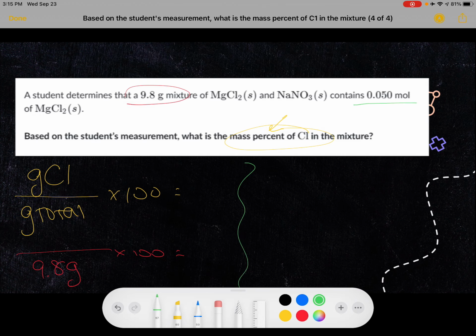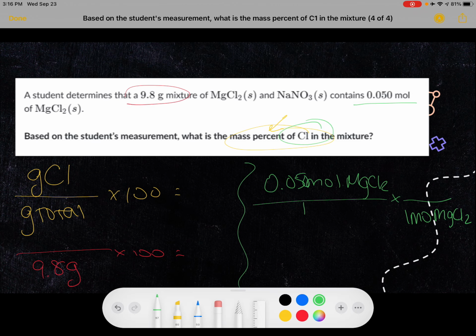Now, what do they tell us? They tell us that I have 0.05 moles of MgCl2. I'm going to rewrite it. Now, for every 1 mole of MgCl2, what am I looking for? I'm looking for my mass percent of chlorine. Well, this is almost like a combustion problem.